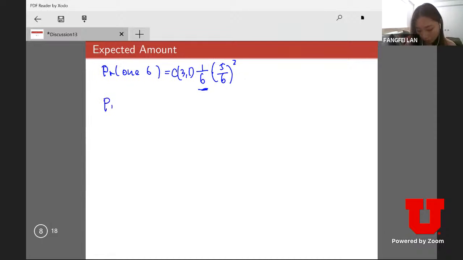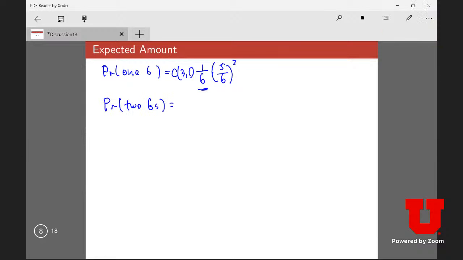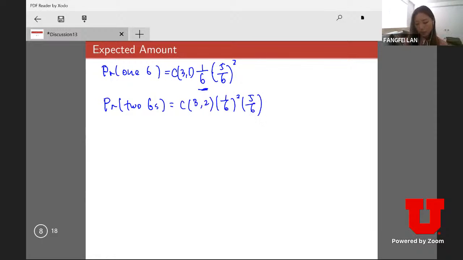So what about the probability of two 6s? Same logic here. Choose 2 from 3 times 1/6 squared times 5/6. Exactly.